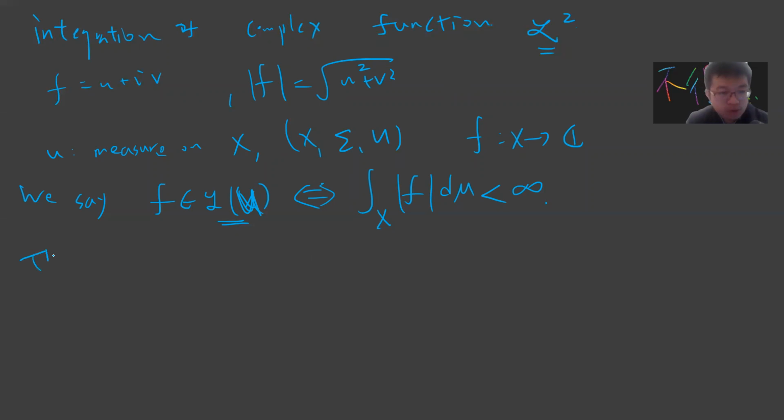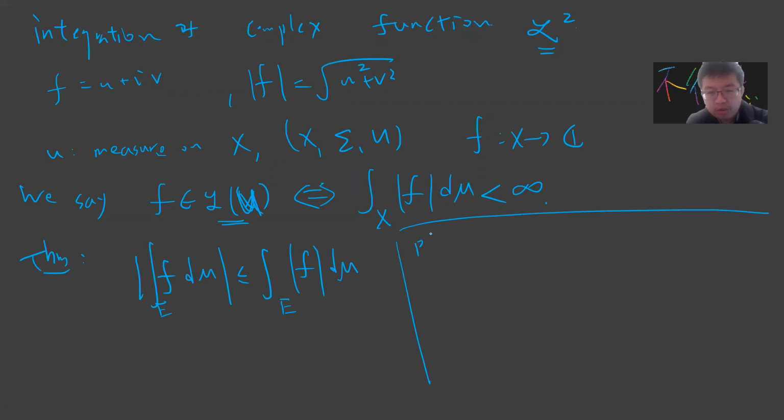Let me quickly prove a theorem, which you may need to think about a little bit. Remember previously we used the countably additive property to prove this. In the complex case we do something similar, so let's quickly go through the proof.